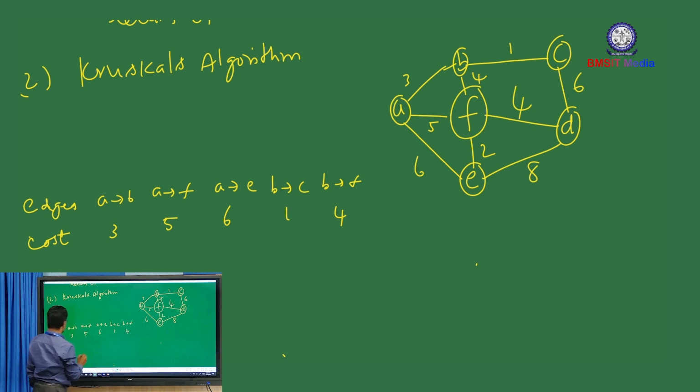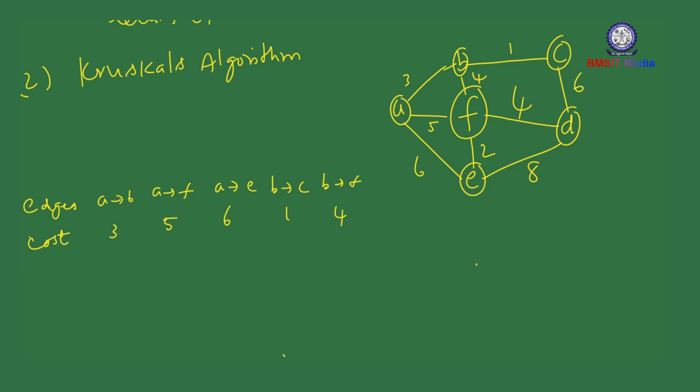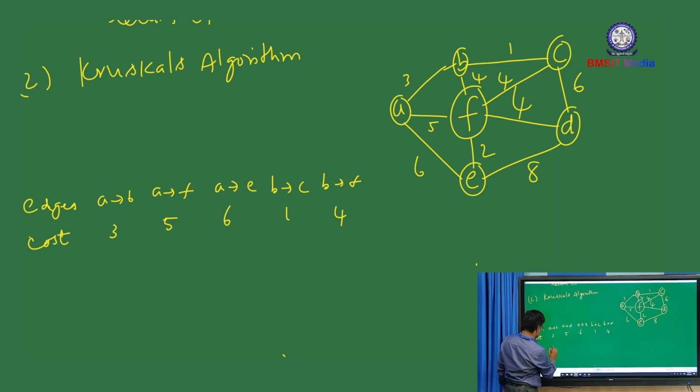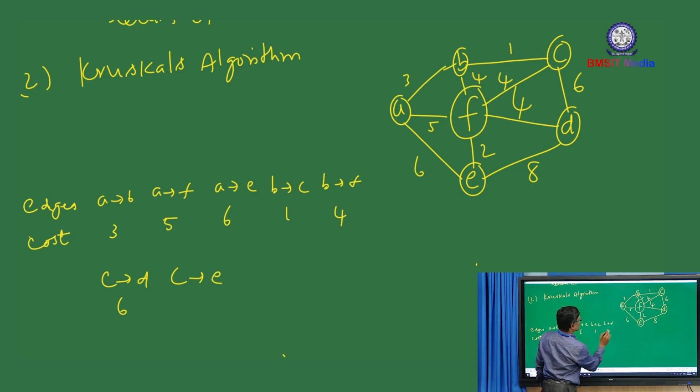Next, similarly write from C. C to D is 6, C to E there is nothing. C to F is 4.